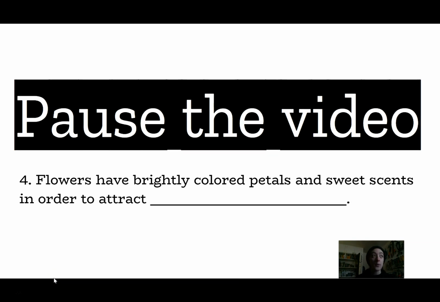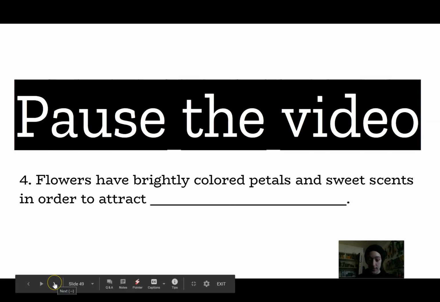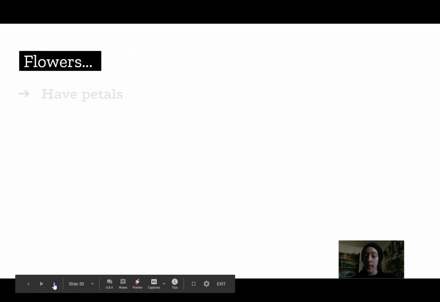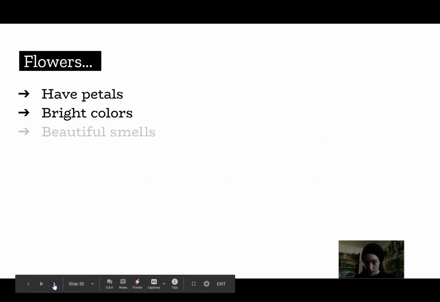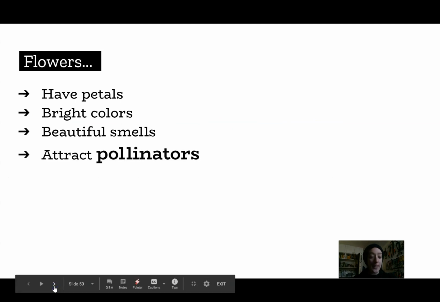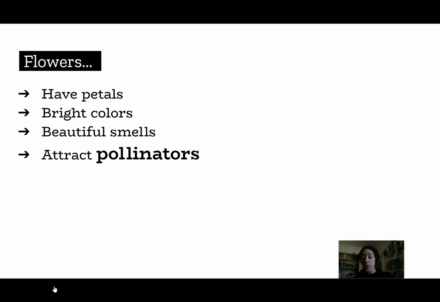Why are flowers like this? Why are flowers so bright and colorful and pretty and delicious? Okay, and the reason is because flowers attract pollinators. You maybe said they're trying to attract bees or butterflies or birds. Those are all correct answers as well.